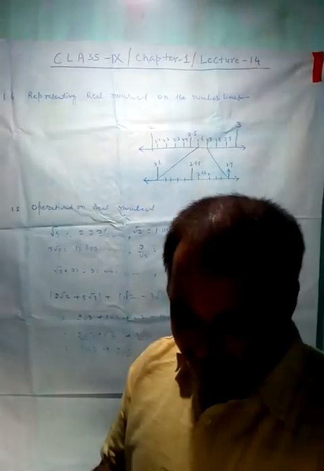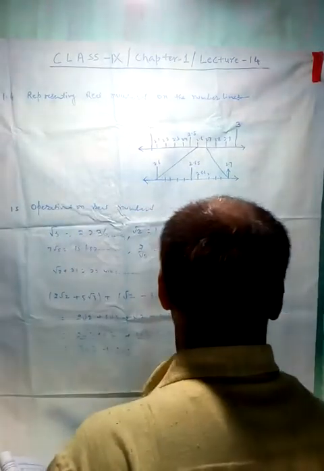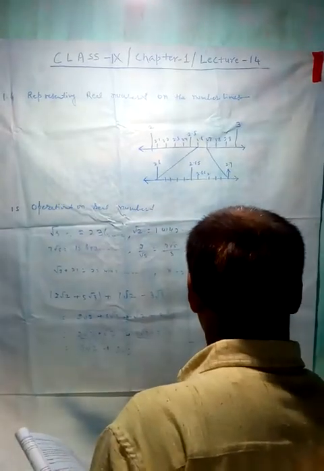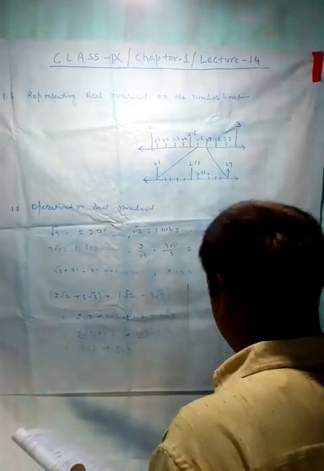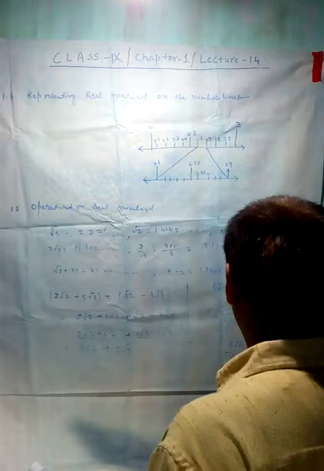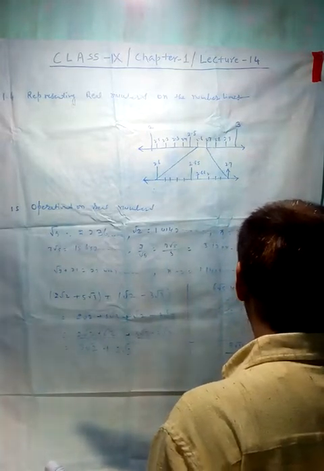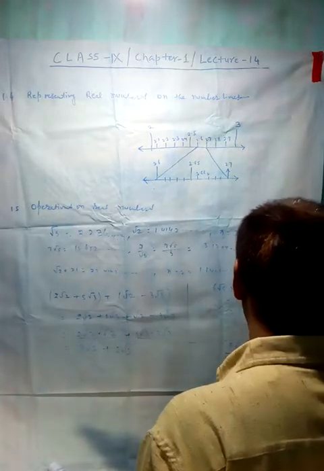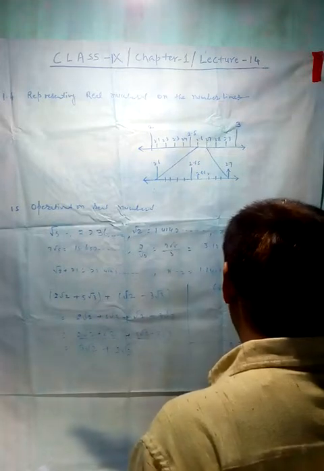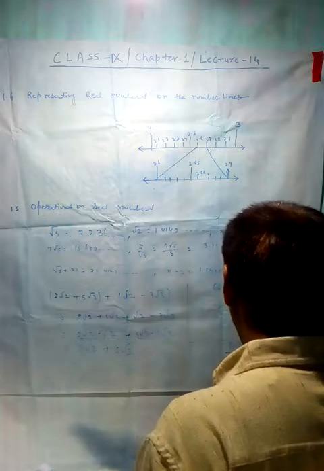Divide 8 root 15 by 2 root 3. That is 8 into root 5 into root 3 by 2 into root 3. Root 3 cancels, and 8 by 2 is 4, so 4 root 5.